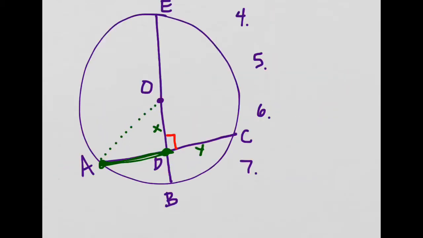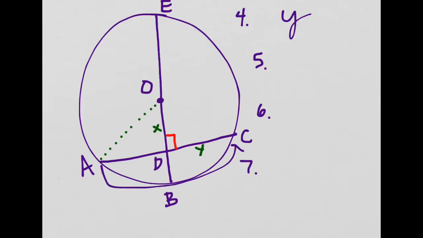Okay, so we know then that this section here and this section here are equal to each other. Well, if I know that DC is Y, well then AD is also Y. That's your answer.